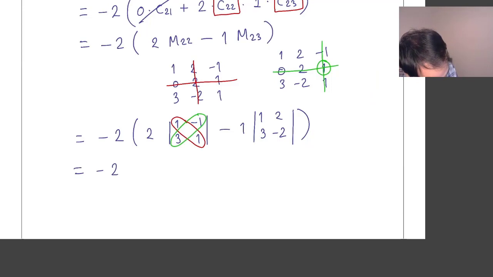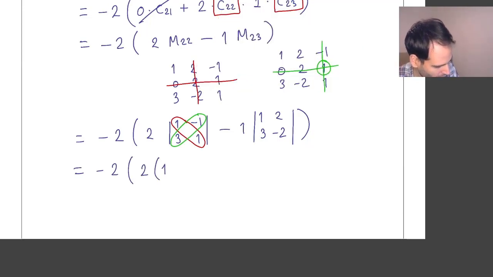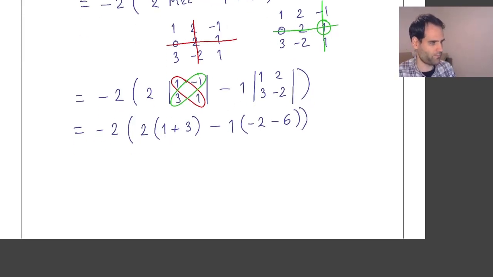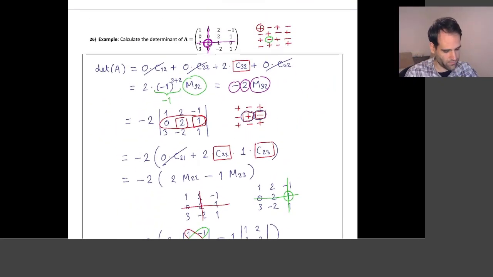This will be minus 2 times, in parentheses, 2 times 1 times 1 minus minus 1 times 3, and then minus 1 times the determinant, which will be 1 times minus 2 minus 2 times 3. And now we have finished. The final result, if you do all these additions and multiplications, will be minus 32. That will be the determinant of this 4 by 4 matrix using the Laplace expansion method.